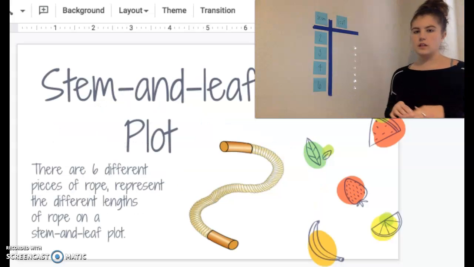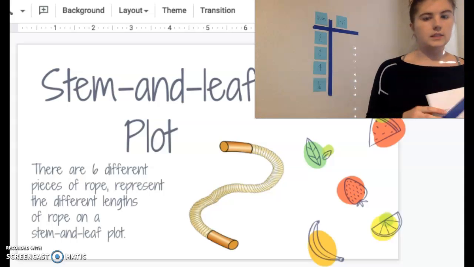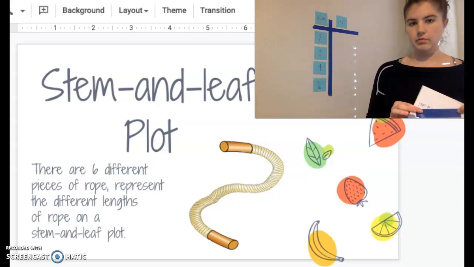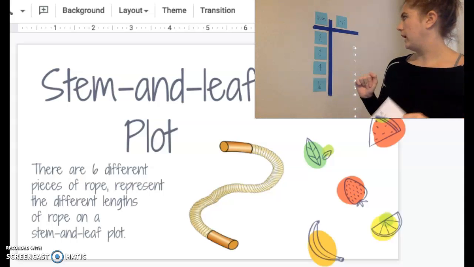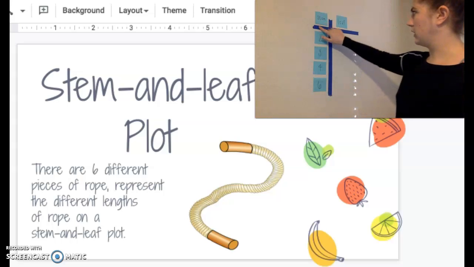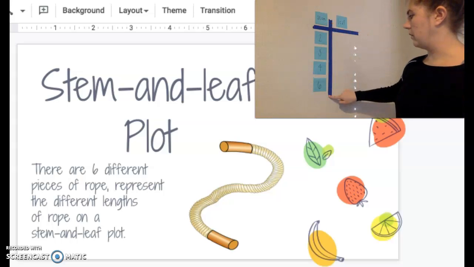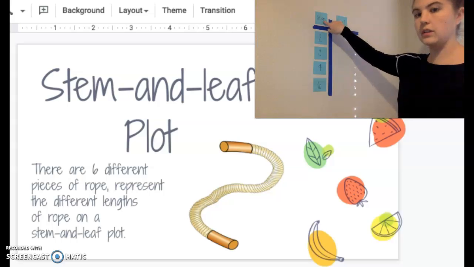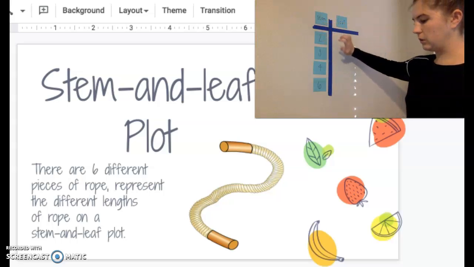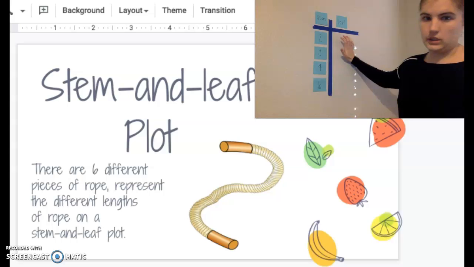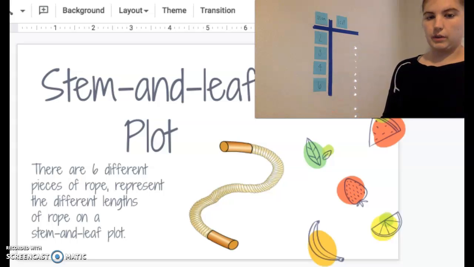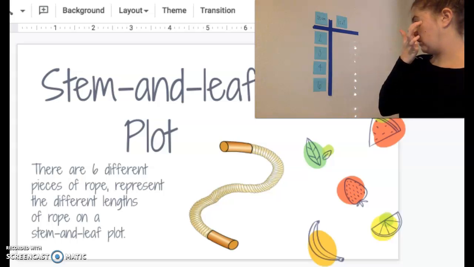The last thing that we're going to be working on today is making a stem and leaf plot. So I went ahead and started by creating the plot. There is the stem here on the left side. The numbers that we're going to be using are the lengths of 6 different pieces of rope, and that's going to be represented on our stem and leaf plot.